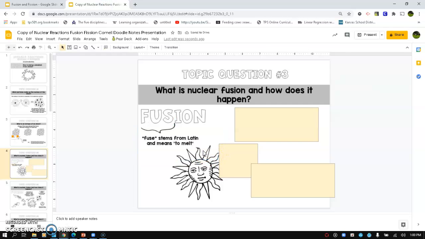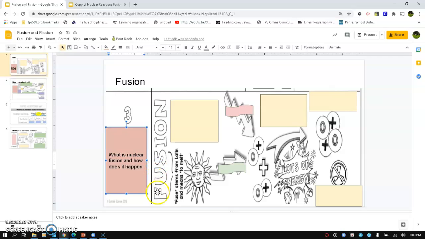So fusion stems from the Latin word meaning to melt. I already have that down for you guys, so you can see that here. Usually when you have a melting substance like an alloy, or if you've ever welded, you'll see two solid structures become liquefied.